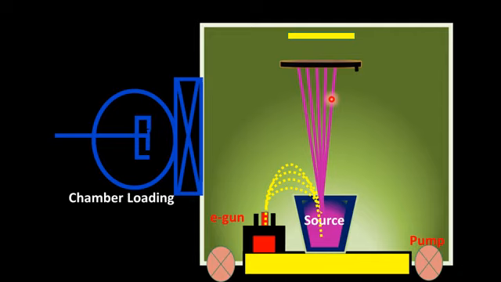Now the MBE system consists of a substrate holding system. This is the substrate holder in which the substrate is incorporated, and it is connected with a heating setup. Please note that in MBE the substrate is heated.